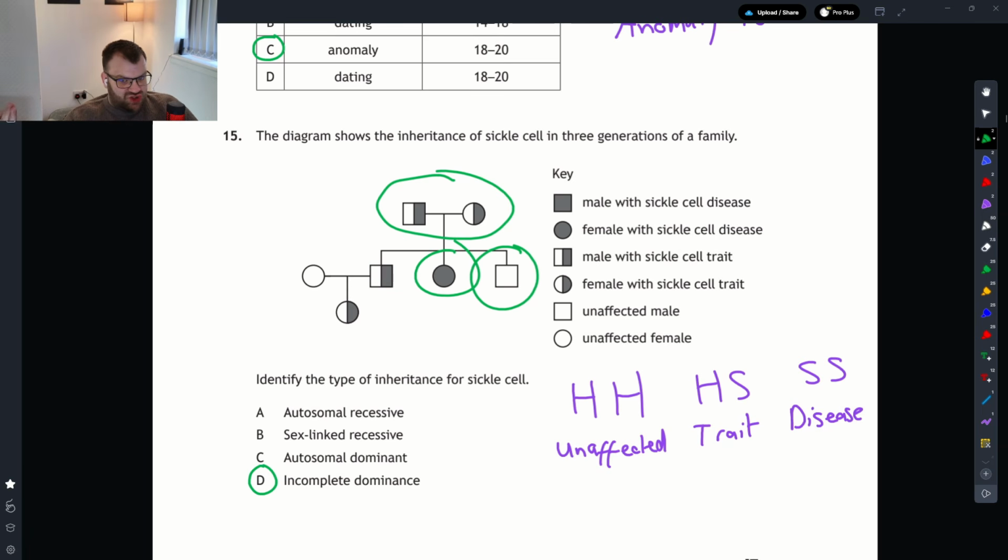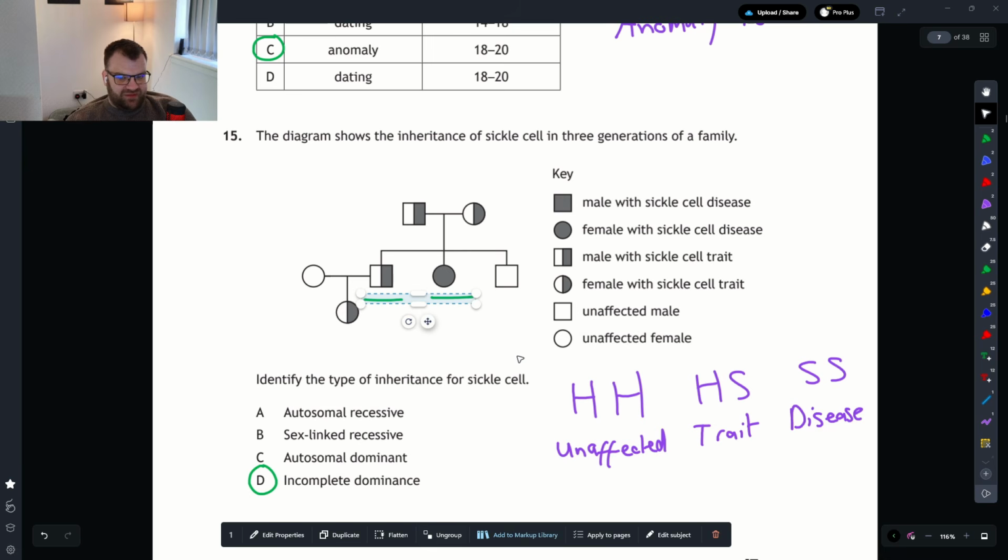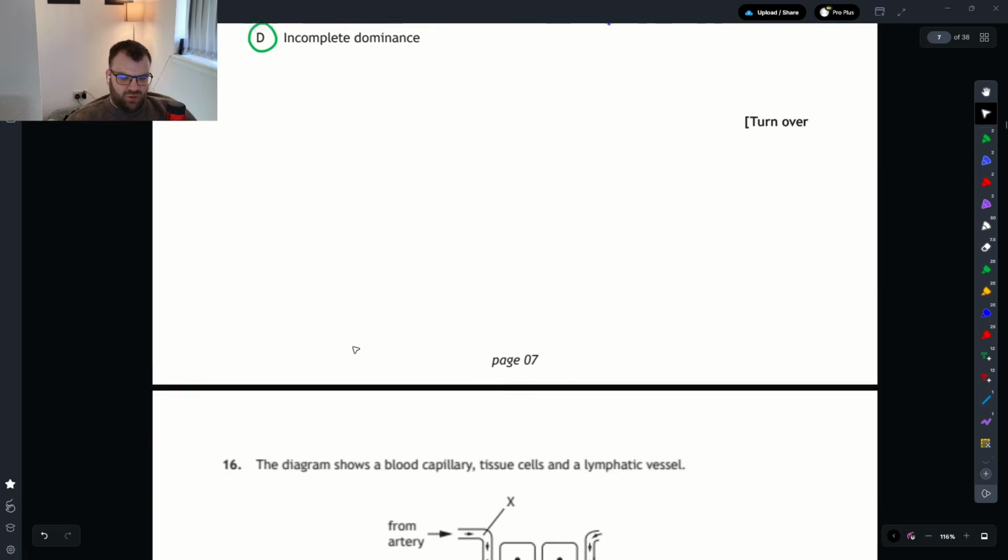If it was dominant, it would show all the way through. Sex-linked recessive would affect more males than females, but here we've got a bit of a split. In some questions, you'll need to actually think about, well, if it was sex-linked recessive, this would be an affected male, and then they would pass that gene onto their female children, and it depends on the mom. But for this one, there are 3 outcomes. It's going to be the incomplete dominant one.